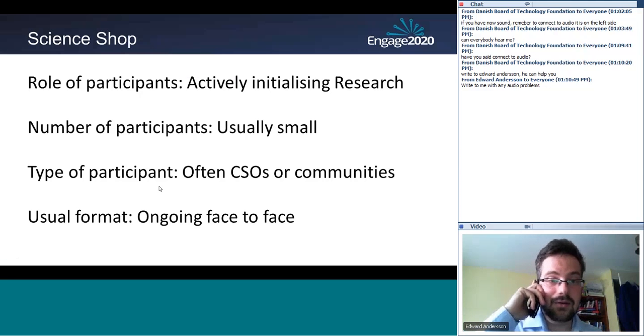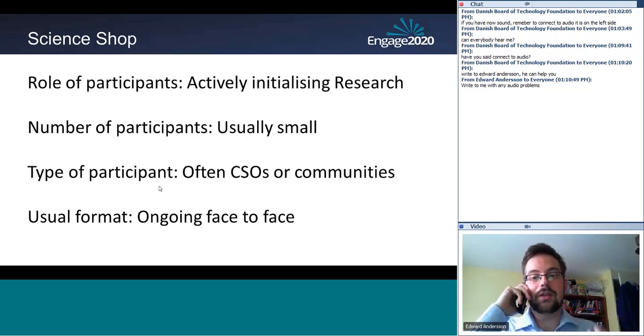Next slide. If you then look at science shops, usually the role of participants there isn't to gather data, although of course they could do that. The key role is to initialize the research, to set the research question, to be the active instigator. The participants are often CSOs or communities, and the numbers might not be very large, especially compared to Zooniverse. But on the other hand, they're very actively engaged.